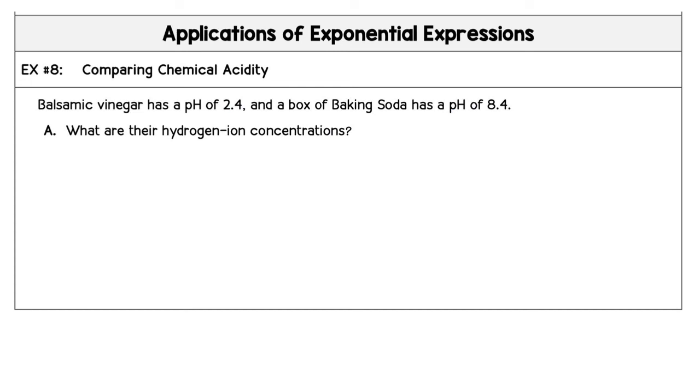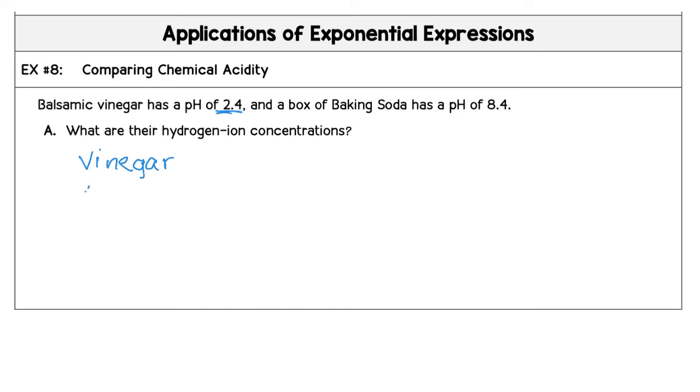Okay, so now we're going to look at the vinegar. So what are their hydrogen ion concentrations? So for vinegar, you're going to have 2.4.